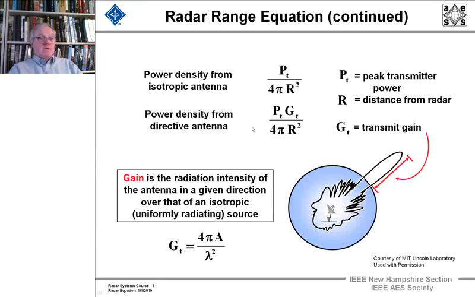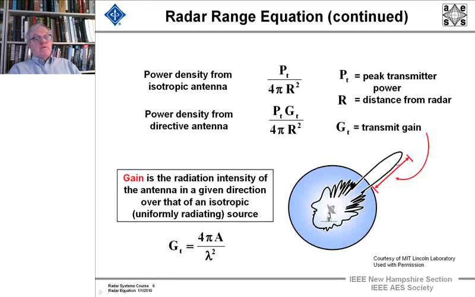And here is a picture of a radar antenna, in this case a parabolic dish, where the energy is transmitted back into the parabola, and then the energy leaves in a straight line.